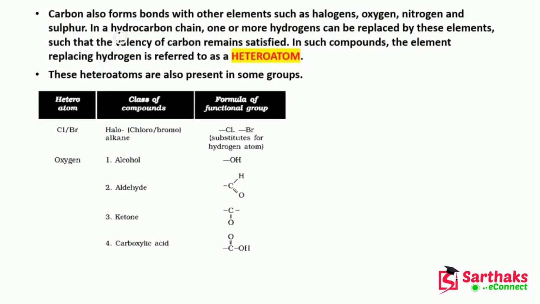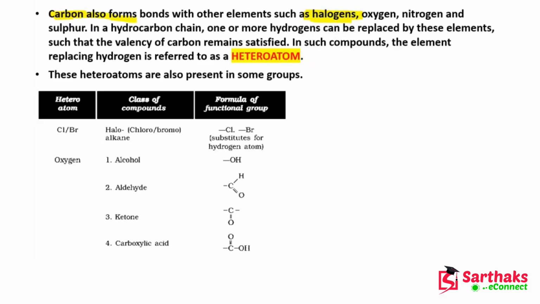Okay students, so here we see what is a heteroatom. Carbon also forms bonds with other elements as well. So far we have seen carbon forming bonds with other carbon and with hydrogen, but carbon also forms bonds with other elements such as halogens. Now what are halogens? Chlorine, bromine, fluorine, these are examples of halogens.